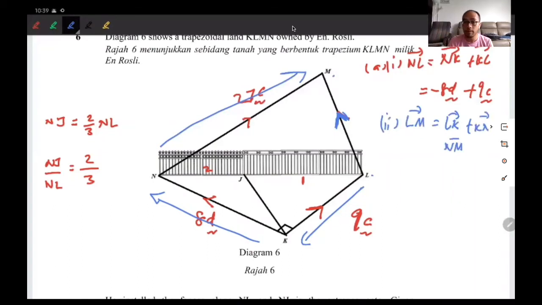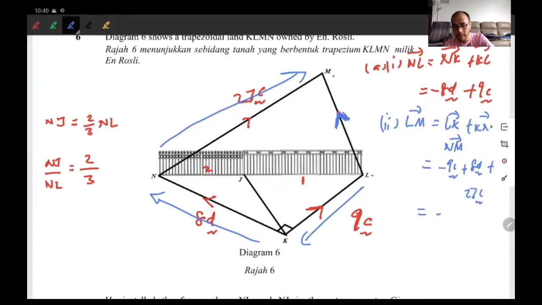You combine three vectors. LK is negative 9C, plus KN is 8D, plus N to M is 27C.